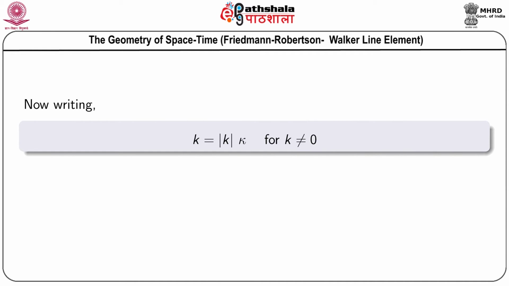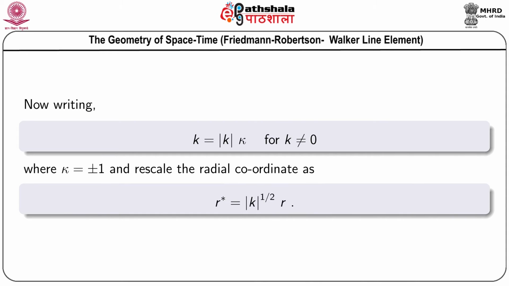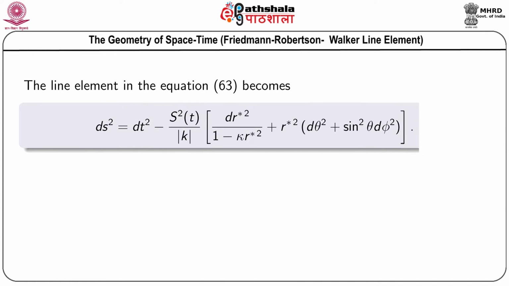Now, writing k equals mod k times kappa for k not equal to 0, we get, where kappa is equal to plus minus 1, and rescaling the radial coordinate as r star equal to mod k to the power half r, then the line element takes this form.